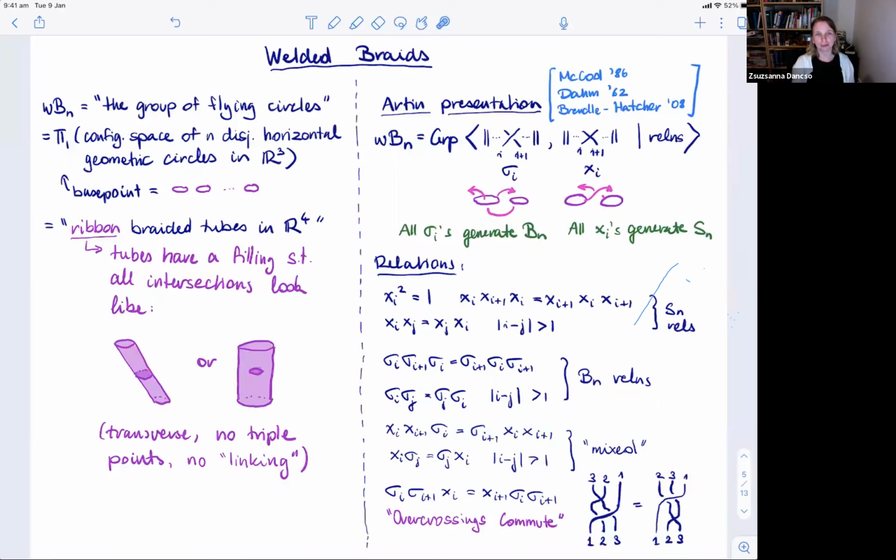Now, of course, while the original tubes were disjoint, so it's an embedding of tubes in R4 because we never had the circles intersecting.